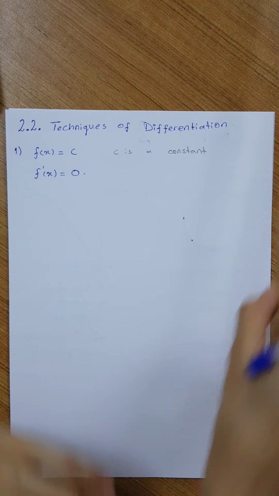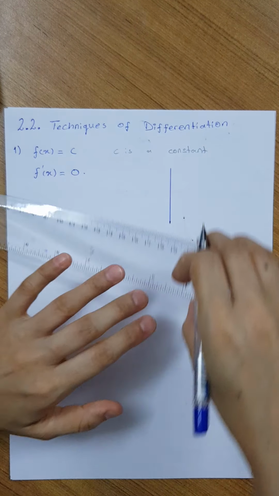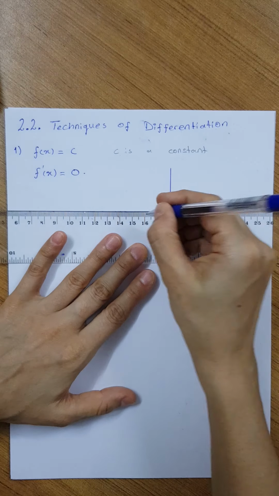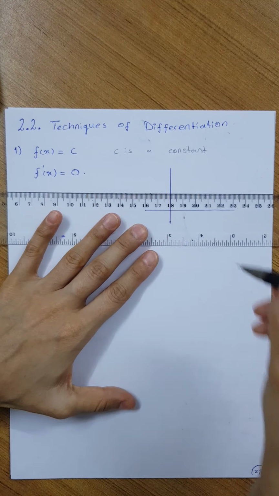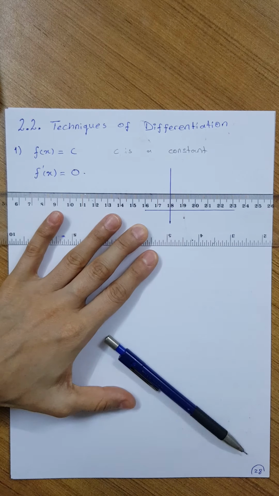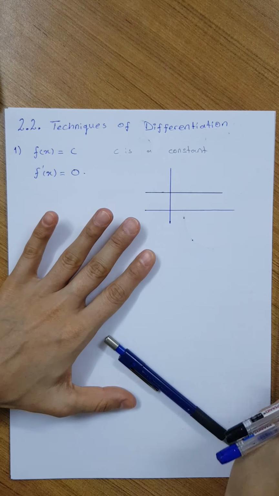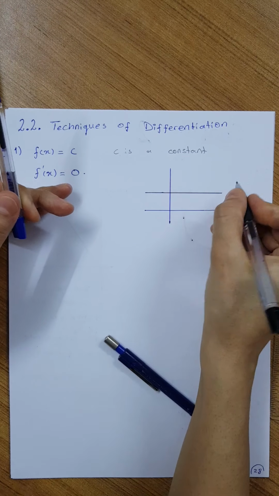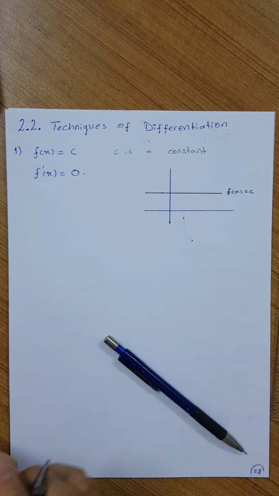Why is that? Let's sketch the graph of that function. A constant function, how does it behave? How do we sketch the graph of a constant function? It is simply a straight line passing through a point. That is a constant function, f of x equal to c.